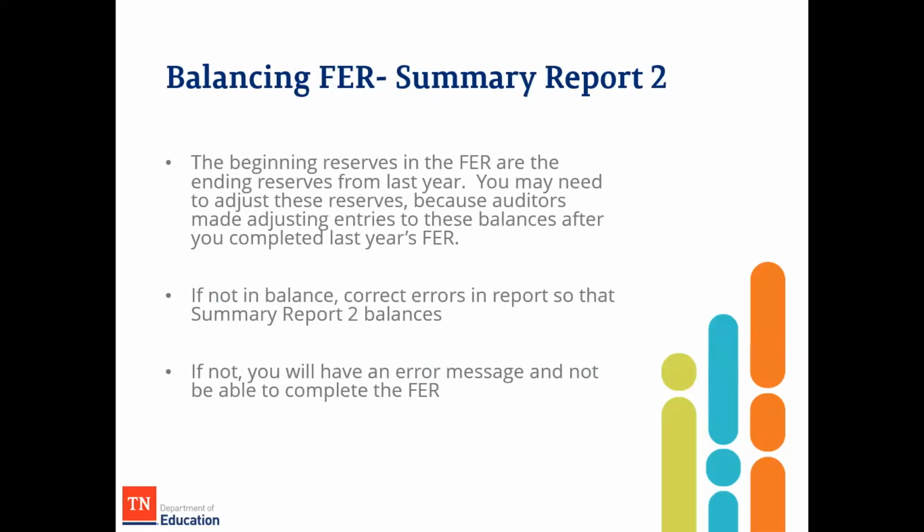So your beginning balance might need to change. Your books and E-Plan may not match due to audit adjustments. So be sure you're checking those, because if you're not in balance, you have to correct these errors in the report so the summary report 2 balances. Otherwise, you will get that error message and you cannot continue to complete the FER.